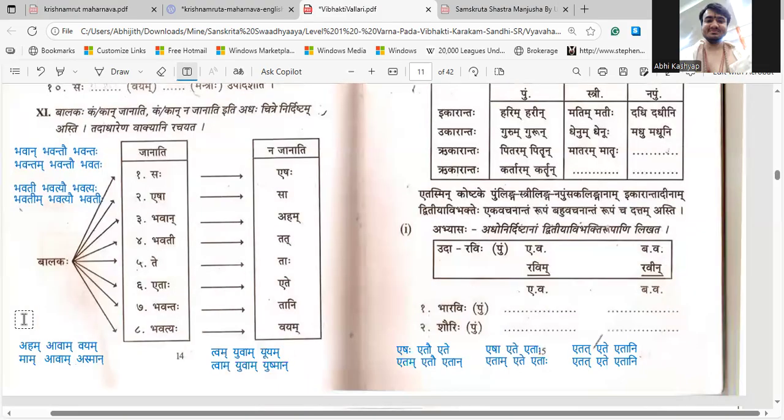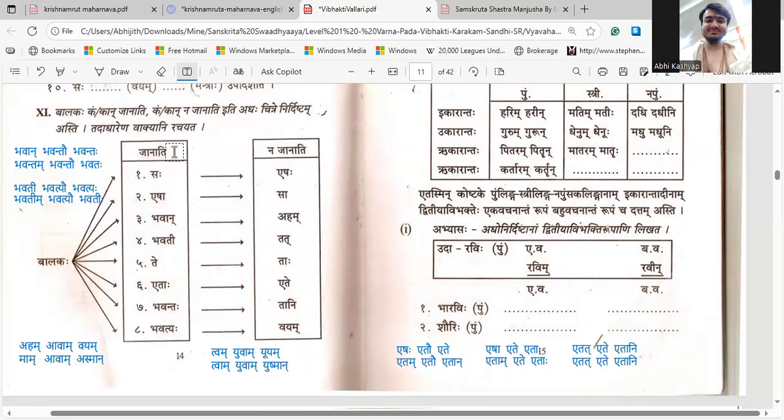So balakaha will remain the karta. Whatever is given in this grid, these 10 words, we have to convert into Dvitiya Vibhakti. After we find out Dvitiya Vibhakti, if the word is in this grid, then you have to add janati.